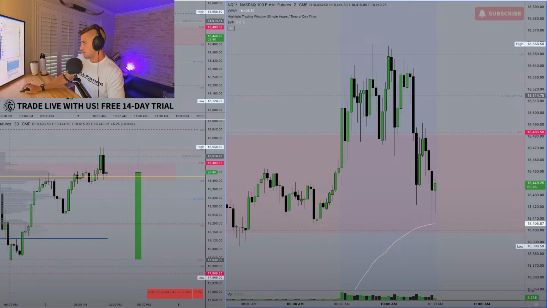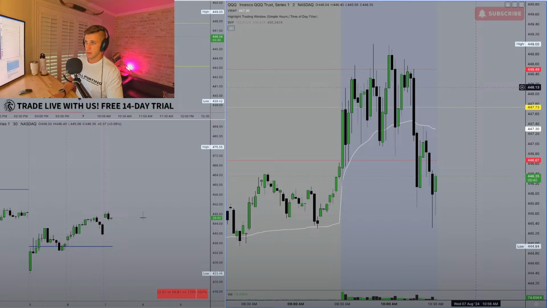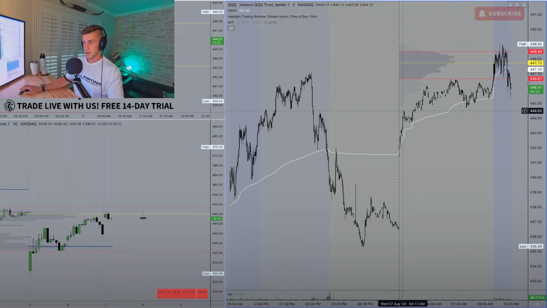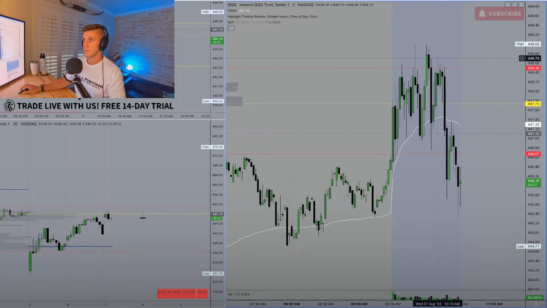Took that short on Q's, 2 hour trader style. QQQ. Nice. Yep. That's it right there. Hit profit target too. So if you're still in, make sure trail's in profit. Nicely done. Was that prior day high as well? Let's see. Yeah, right around there.